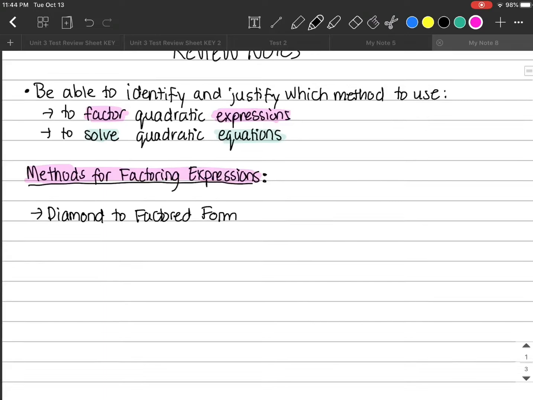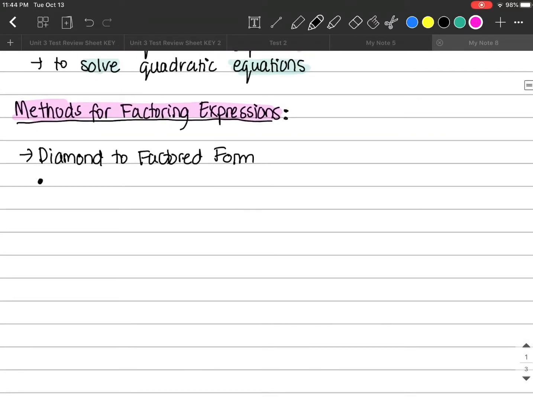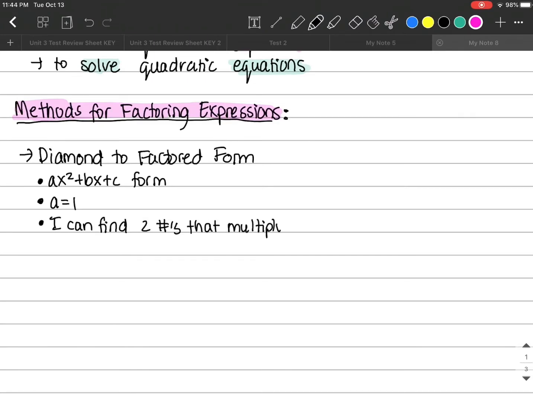And that method we use when we want to factor something that's in ax squared plus bx plus c form, where a is equal to 1, and I can find two numbers that multiply to c and add to b for that ax squared plus bx plus c form.